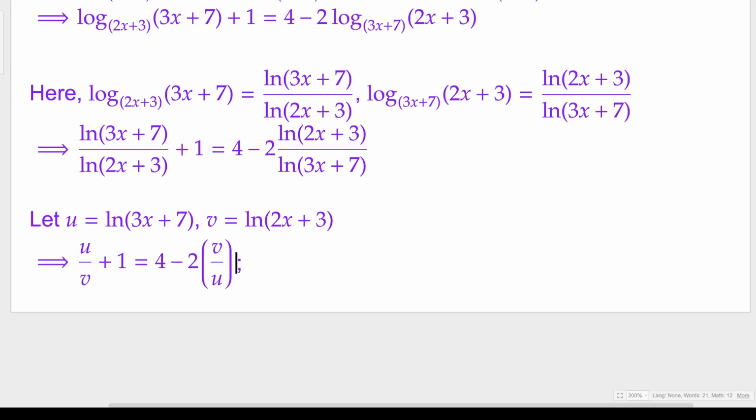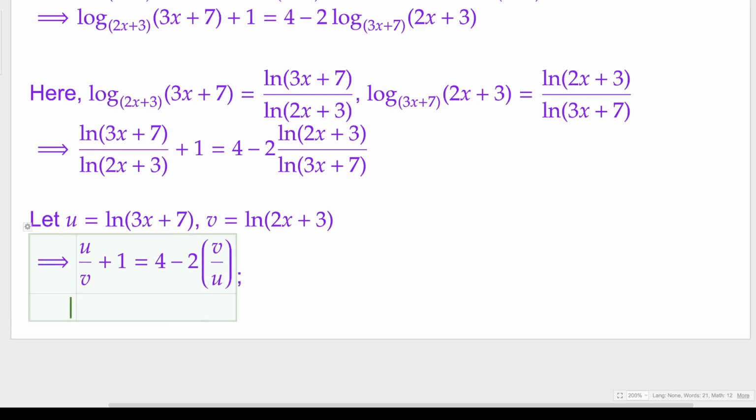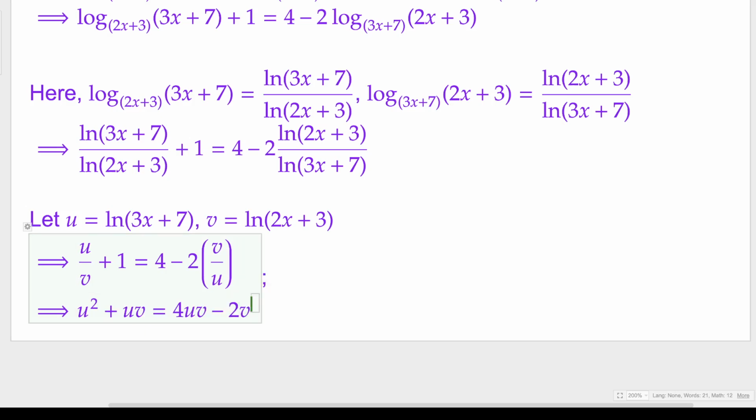Now after resolving this particular equation, you can observe here, this can be written as u square plus u times v is equal to 4 times uv minus 2v square.